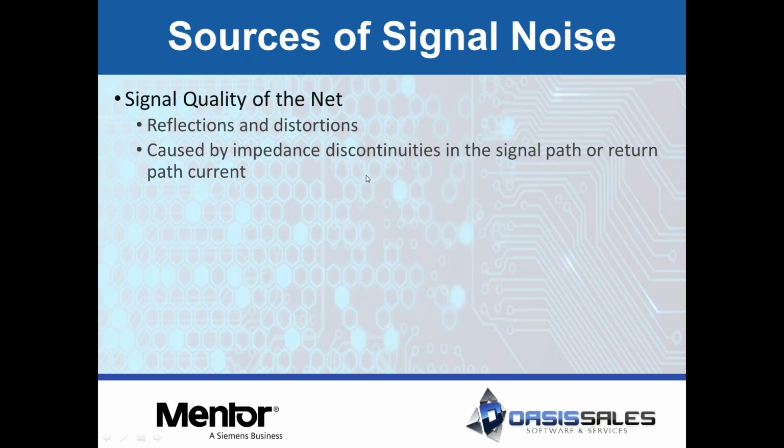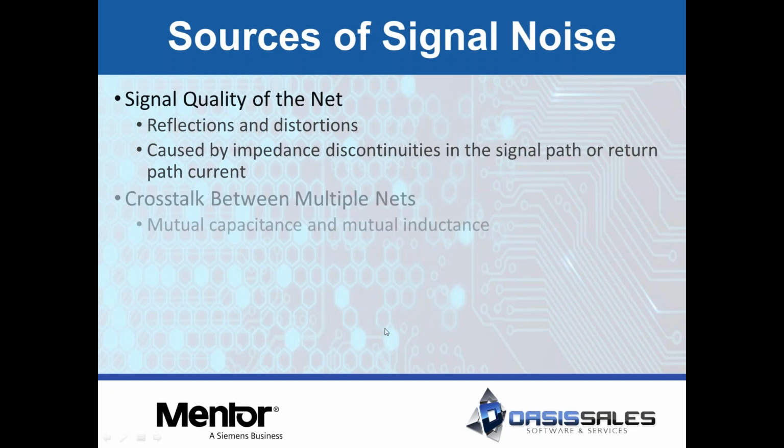So a lot of it all stems around impedance discontinuities. And there's a lot of information you can get out there on the internet now to understand this, and in some of the webinar links I'll have more information on this, but this is really the big part of what causes signal integrity problems.